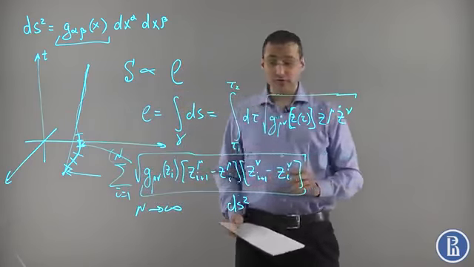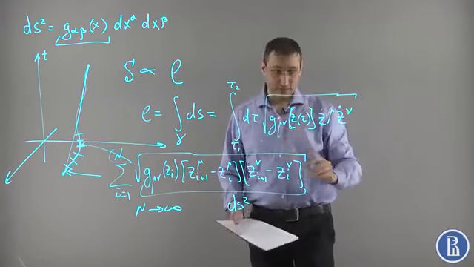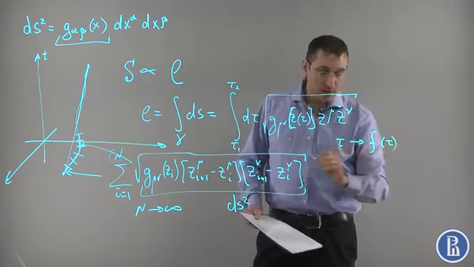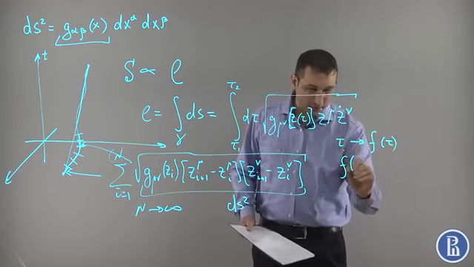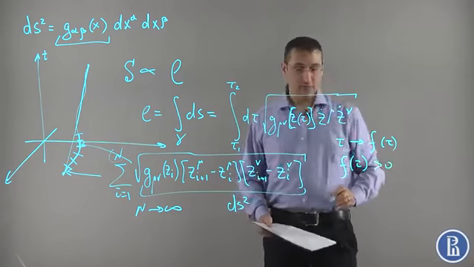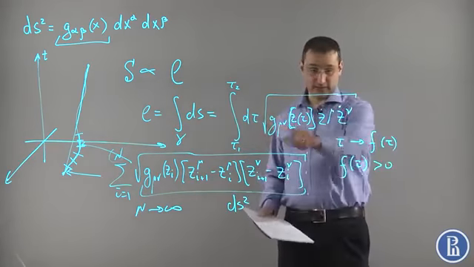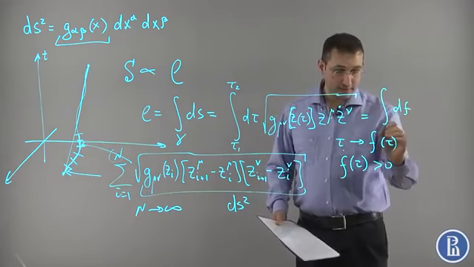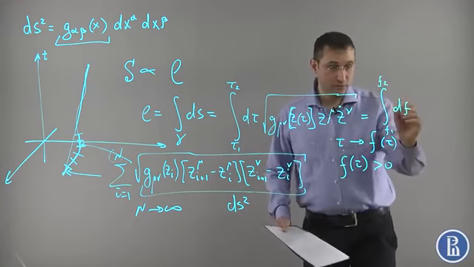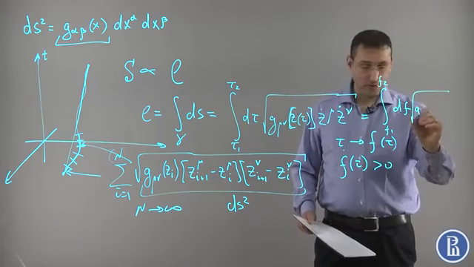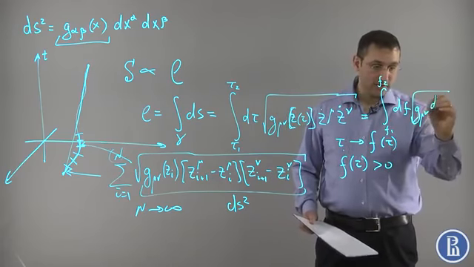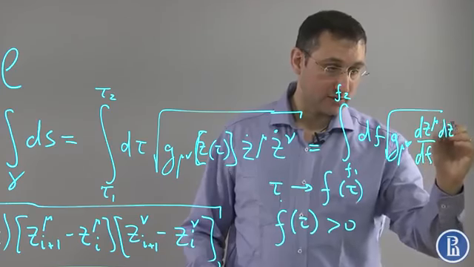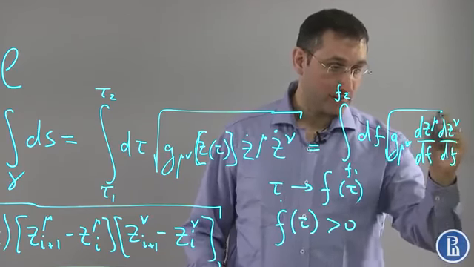Notice that we can choose any parameterization of this world line. We can change from tau to f of tau as long as f dot of tau is greater than 0. Because then, if we use this coordinate change, we obtain that this is equal to the integral of df from f1 to f2 of the square root of g mu nu dz mu by df dz nu by df.